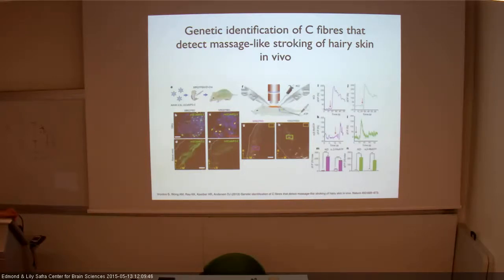After the fancy talk last week. So GCaMP is a calcium indicator, and what you get is a mouse where the C fibers, either the ones that express this subtype of receptor or the D subtype of the receptor, are expressing GCaMP.